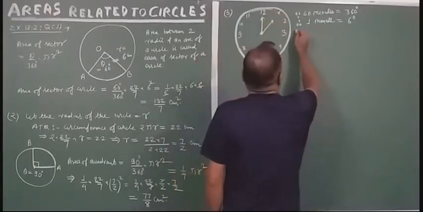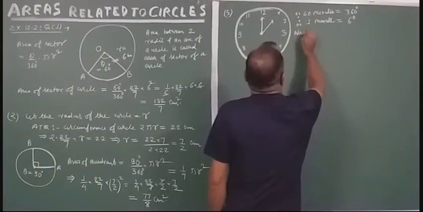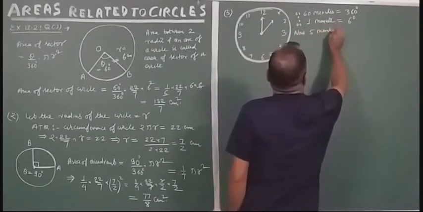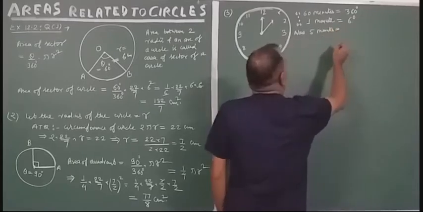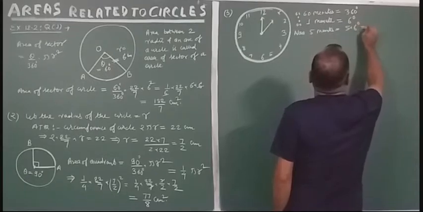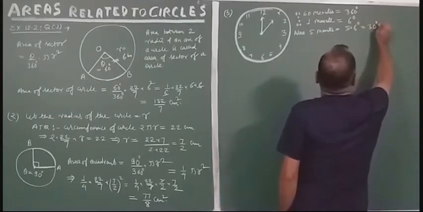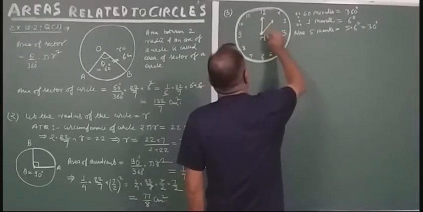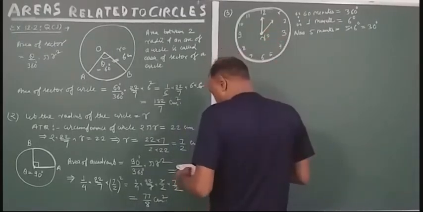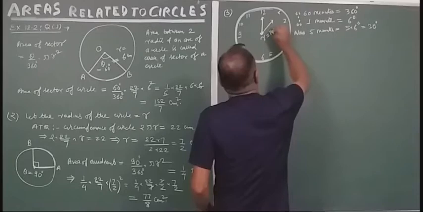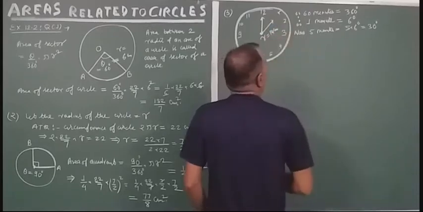So now 5 minutes is equal to how many degree? 5 into 6 degree, that is 30 degree. And the radius of this clock hand is given 14 centimeter.